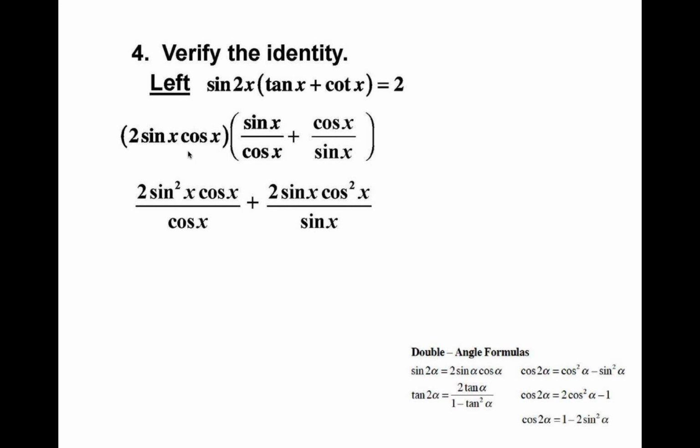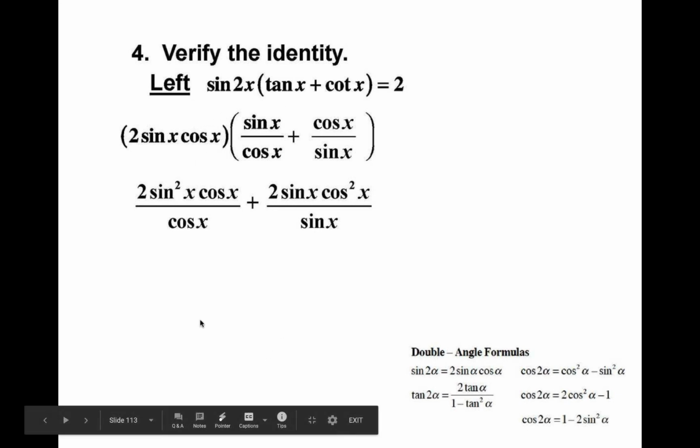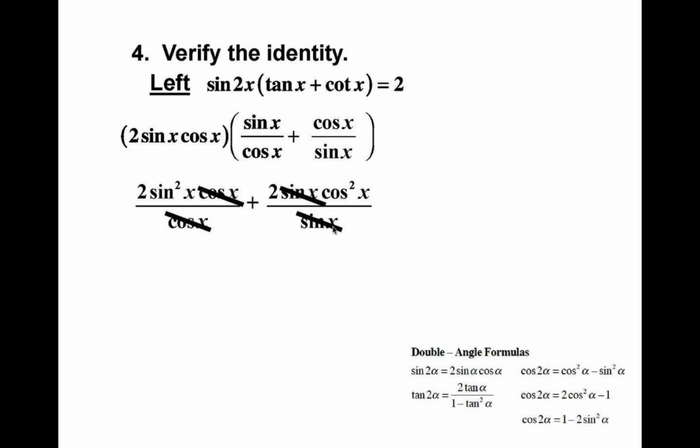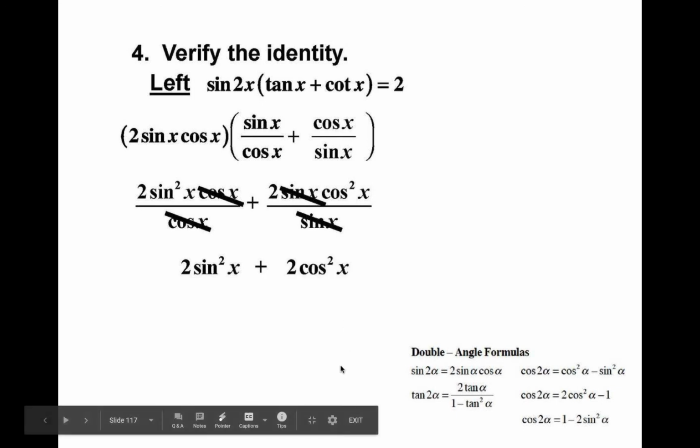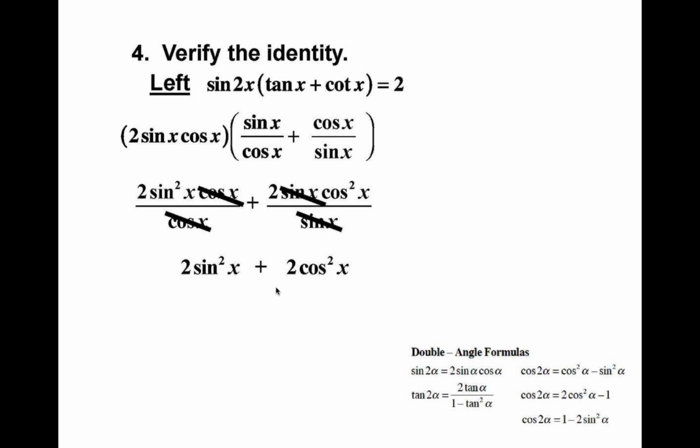That's distributing to both fractions. Hey, look, the cosines cancel, the sines cancel. So I'm now left with 2 sine squared x plus 2 cosine squared x. Hey, look, both terms have a 2, so I can factor a 2 out of both values. Think of it as a hockey stick.